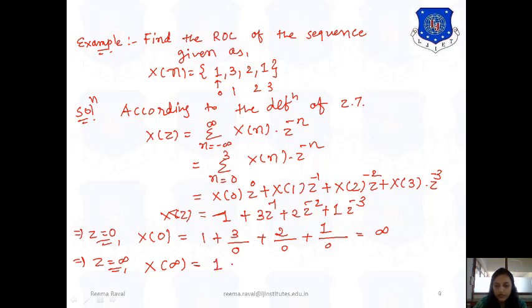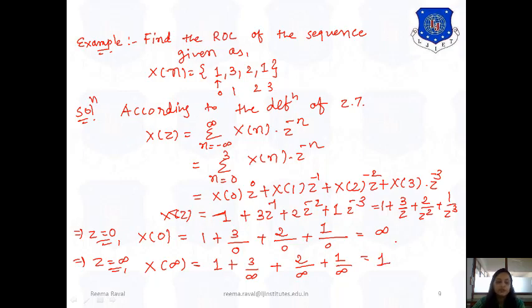When we place the values, this will be 1 plus 3 by infinity, plus 2 by infinity square, plus 1 by infinity cubed, because the powers are negative. 1 upon infinity will give you 0, so these three terms will be 0.